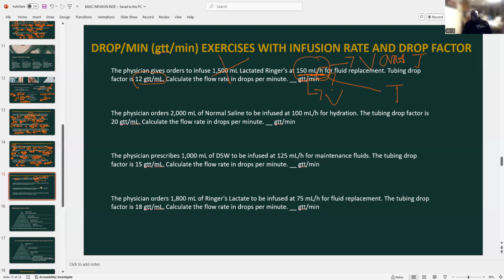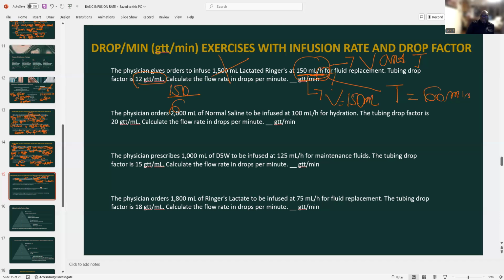So per hour means divided by 1 hour. If I have 1 hour, it equals how many minutes? It equals 60 minutes. Your volume there is going to be 150 ml. So now I know my volume, I know my time, I can use the drop factor. It's going to be 150 divided by the time.